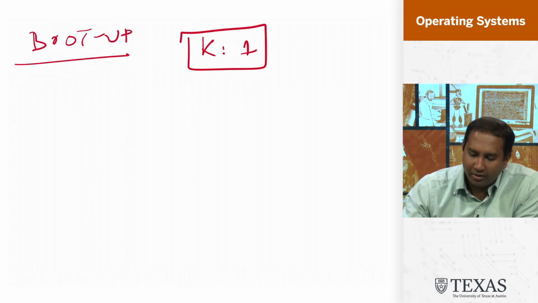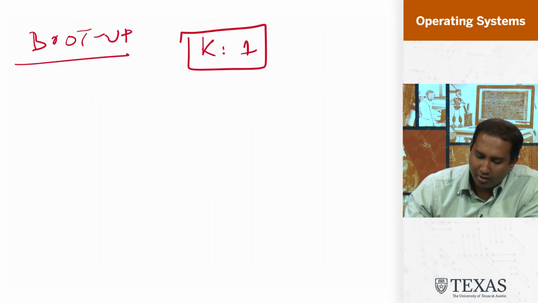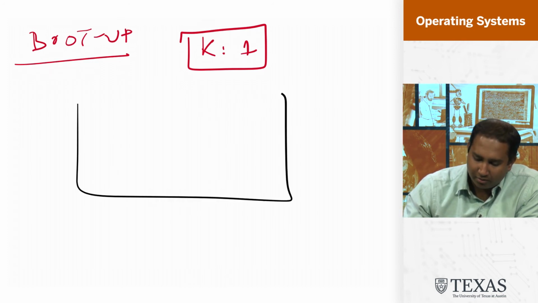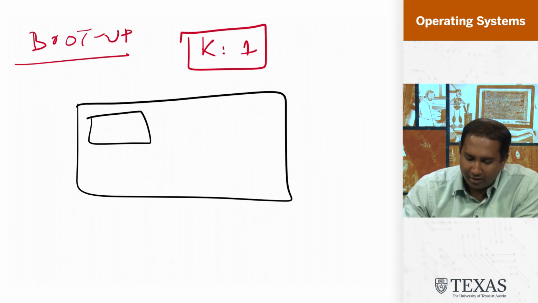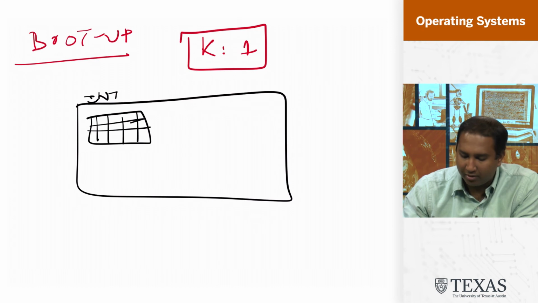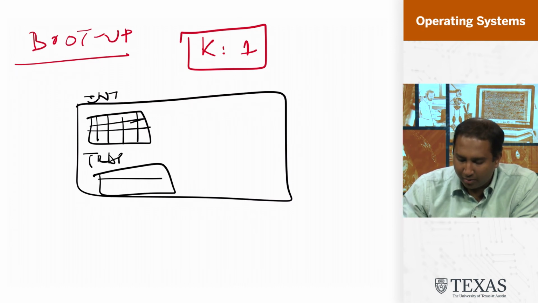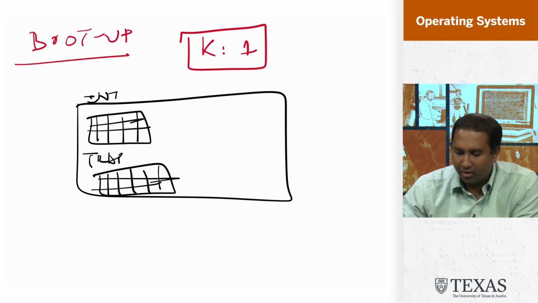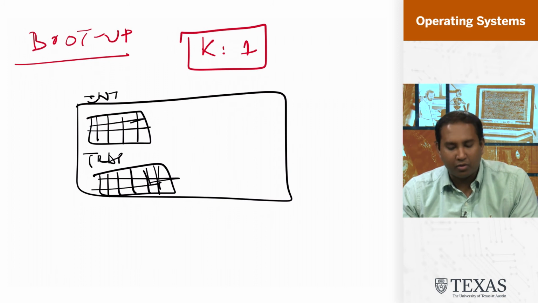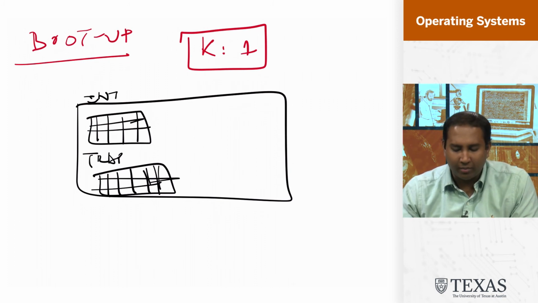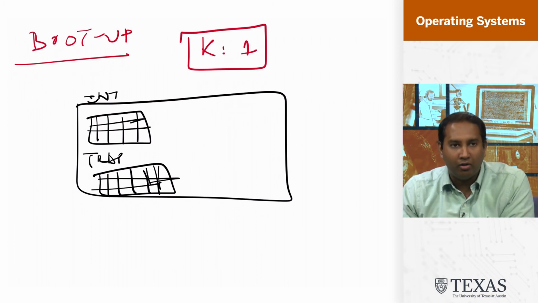Some of the things the operating system will do is that in your processor, there will be interrupt handling tables that get set up. There will be trap tables that get set up. These are to ensure that when there is a later system call, a trap, or a timer interrupt, it knows how to handle all of these things correctly.